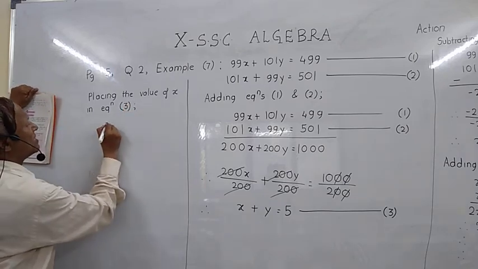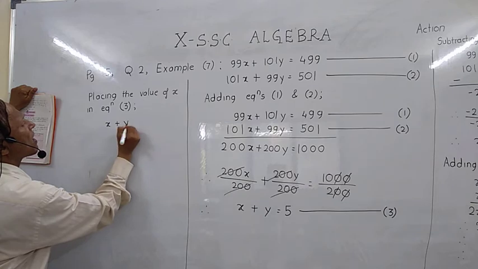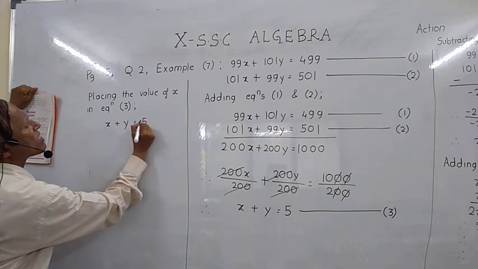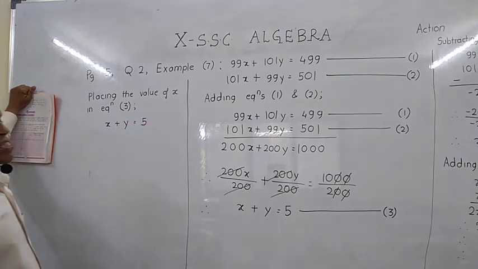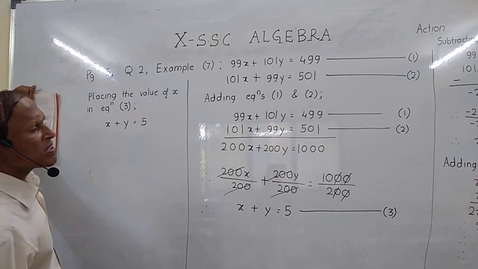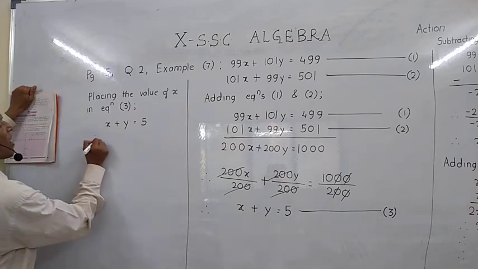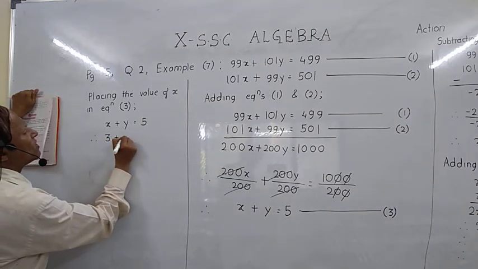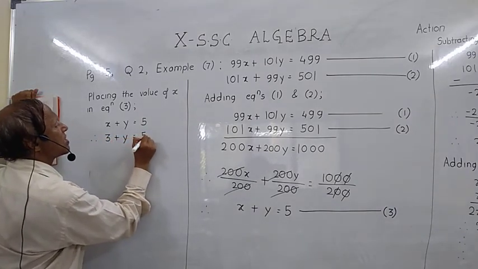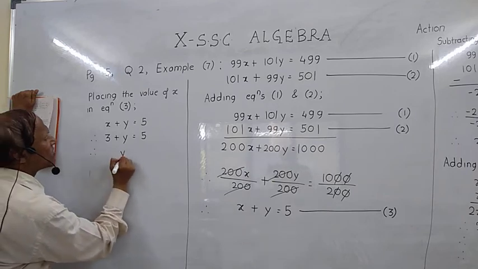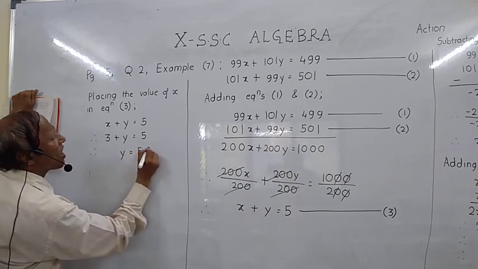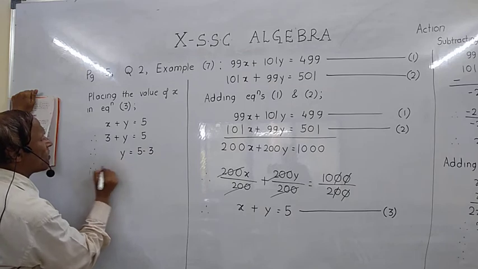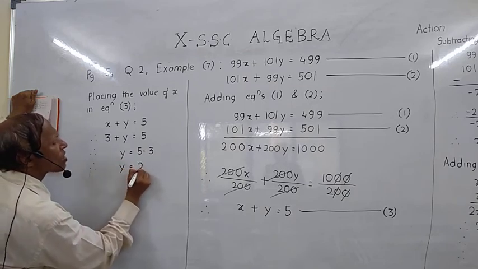X plus y is equal to 5. Therefore, what is the value of x? 3. 3 plus y is equal to 5. Therefore, y is equal to 5 minus 3. Therefore, y is equal to 2.